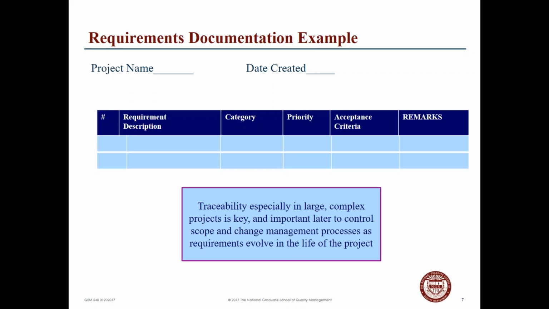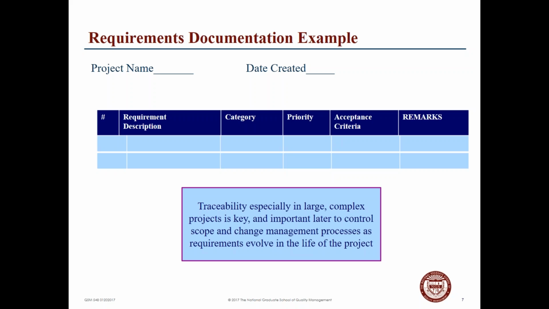What you want to look at, especially in large and complex projects, is what we call traceability. Are you able to map via documents the steps that are required to ultimately, down the road, control scope and manage any of the change or the processes that might change as requirements evolve in the life of the project?